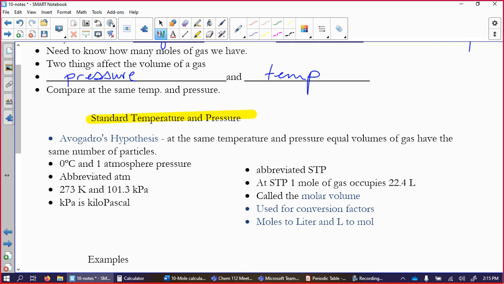So we do this at what is called standard temperature and pressure, which is actually not a super practical one, because 1 atmosphere of pressure is kind of the overall average pressure that you should feel at sea level on a normal day.